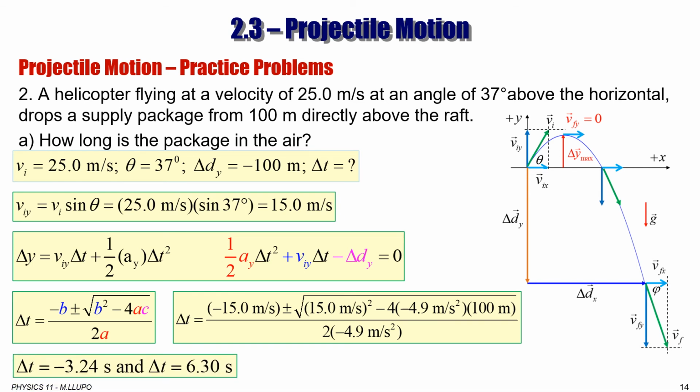That is giving you two values. If you plug those values in the calculator, you'll get two answers. One is negative 3.24 seconds, and one is positive, 6.3 seconds. Obviously, you're going to take the positive value, because negative time doesn't make sense.